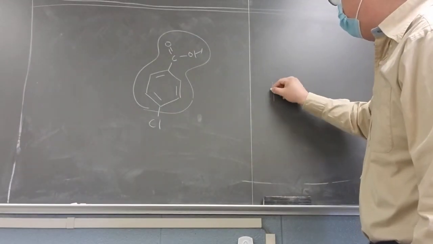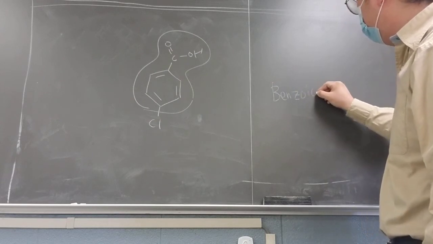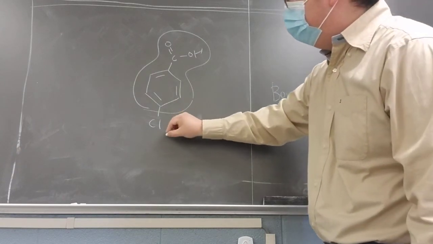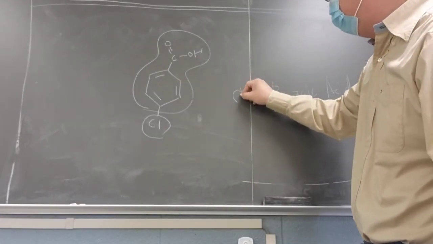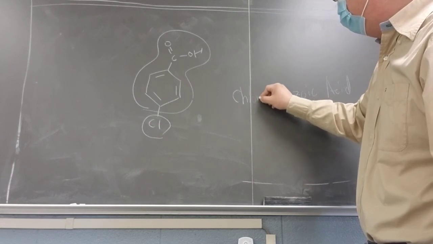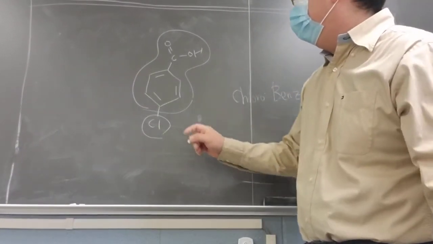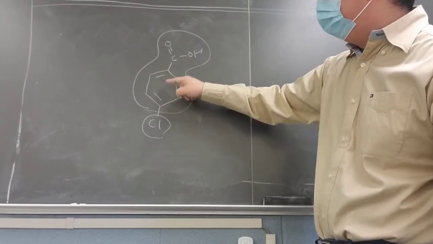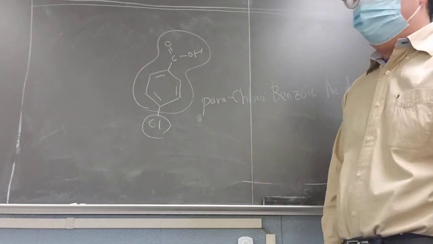So there will be benzoic acid. And then now you only have one group attached to it, which is chloro, right? So you have a chloro group over here. So it's a chlorobenzoic acid here, but the position of these two is the para position. So we call this para-chlorobenzoic acid.